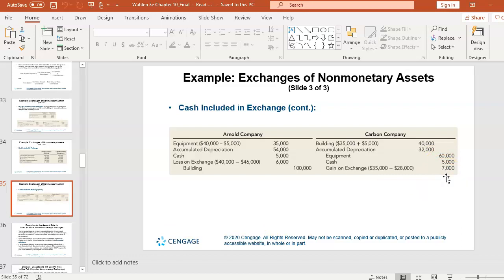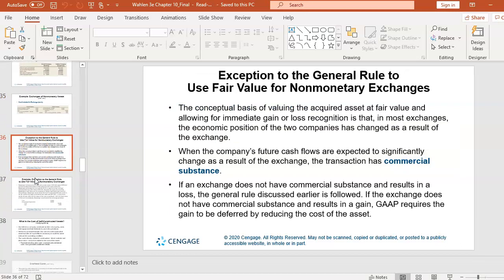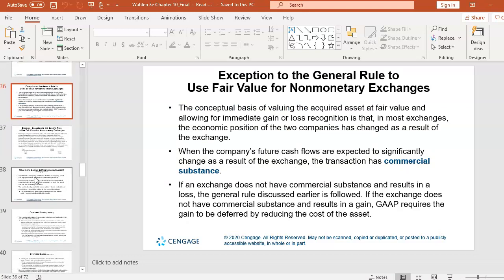Keep that in mind because they're paying cash; they give up cash and Arnold received it. So depending on how you're looking at this, that cash boot may impact the gain or loss if you're the giver or the receiver of that cash. Those are just some common rules to think through.